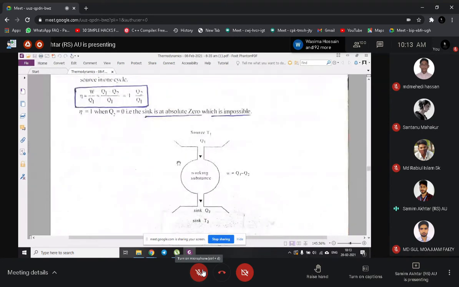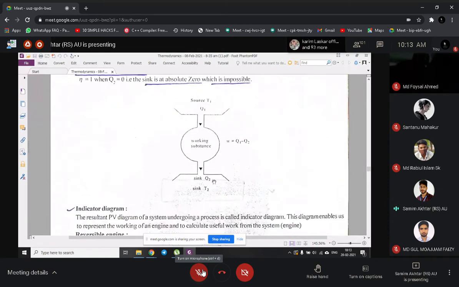The source is at temperature T1 and provides heat Q1, and the sink has temperature T2 and receives heat Q2. The working substance is some kind of agency here. The amount of work done by this substance is Q1 minus Q2.